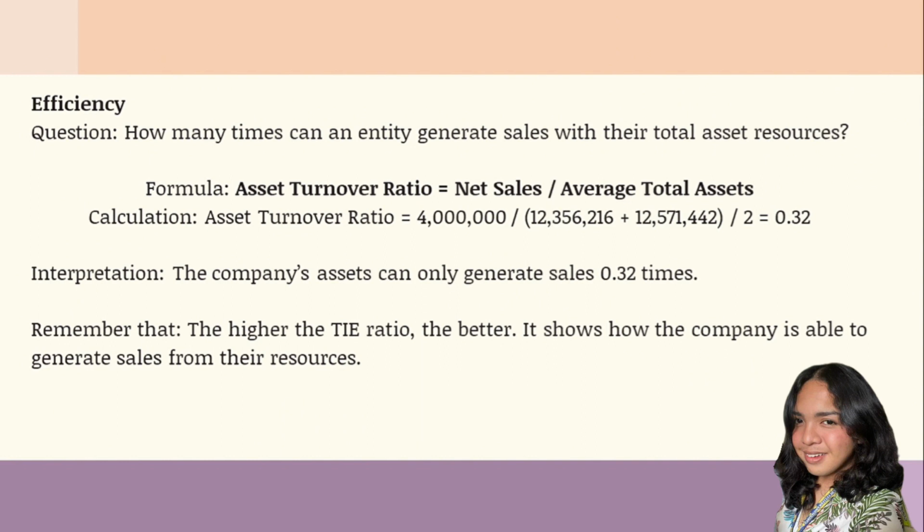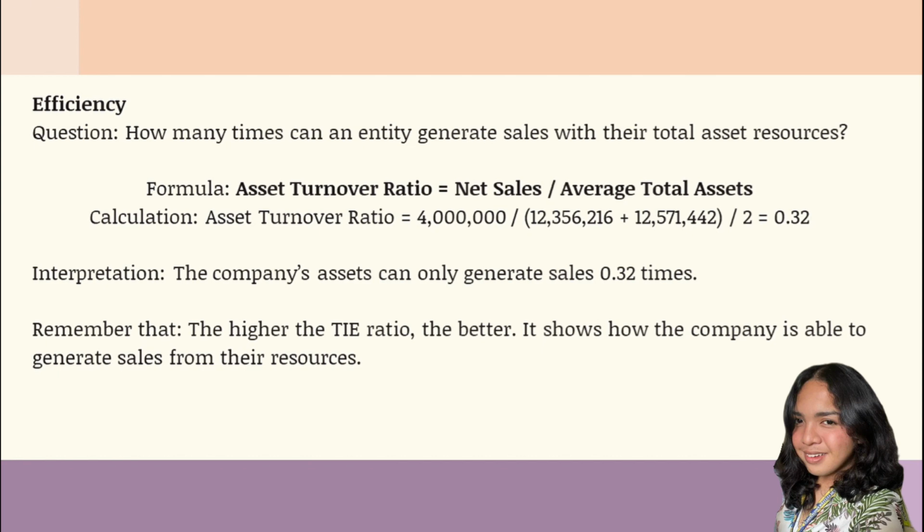So the company's assets can only generate sales 0.32 times. So remember that the higher the ratio, the better. It shows how the company is able to generate sales from its resources.